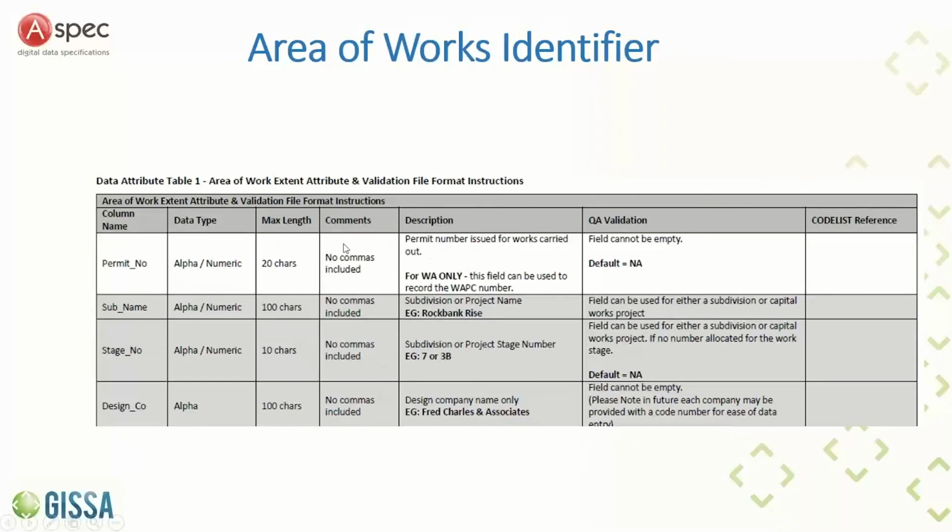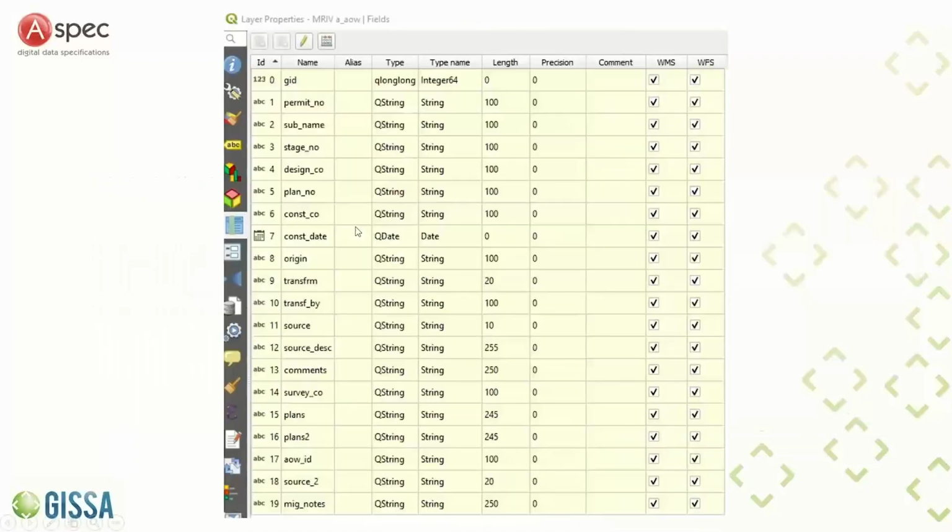The area of works identifier. Okay, so there currently isn't an ID in this table, and we're proposing that an ID is created in this table. And that ID is then used in every other table, and I will show you some information about that on the upcoming slide. So as you'll see down the bottom, AOW_ID.